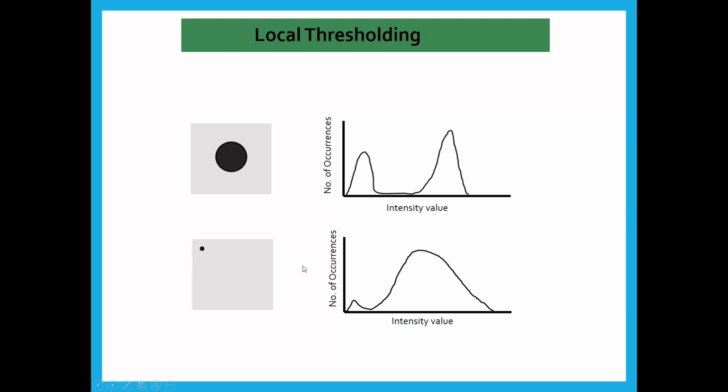So now we have to solve this problem. This problem can be solved if, instead of considering all the pixels in an image to produce the histogram, we can somehow identify the pixels which are either on the boundary of this object or near the boundary between the object and the background.